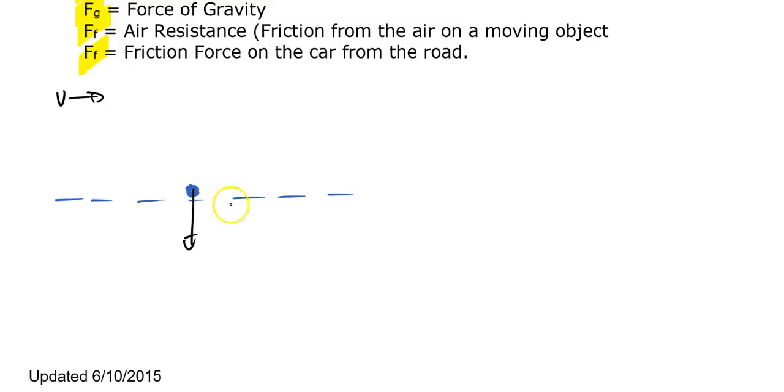Forces acting on my car should be force of gravity, normal, and since I'm moving to the right, if I want to slow down, I should apply a force to the left. Okay, and that's my force of friction.